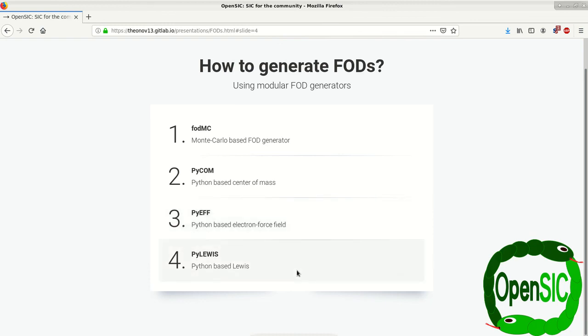And PyLewis effectively combines knowledge from previous experience, that is, structural motifs for certain bond arrangements or lone pair arrangements, to then initialize these structural motifs into a given molecule.